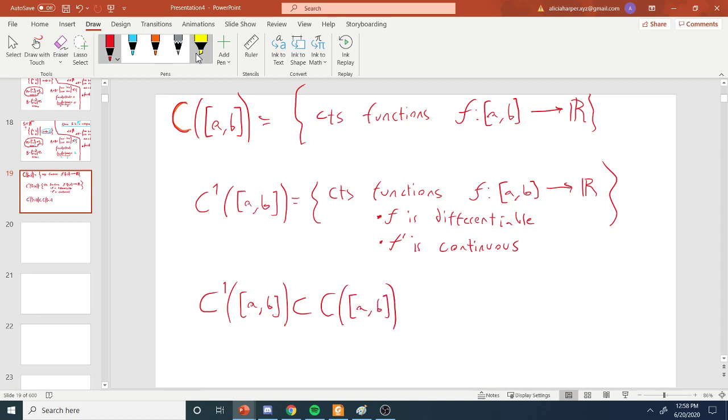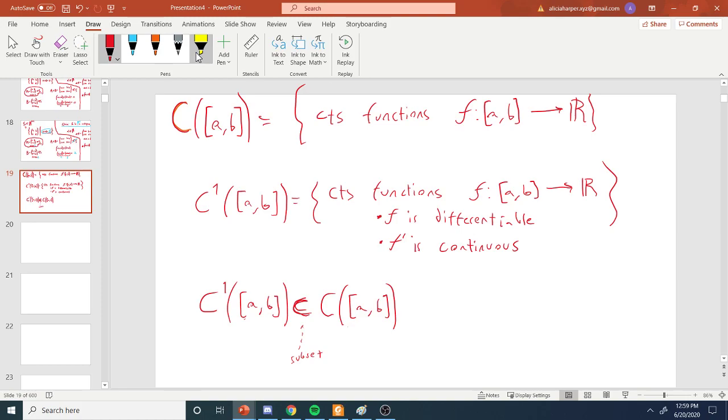And I don't know if I've used this notation right here before, but this means subset. And so given that this is a subset of this, we want to know if it is a subspace.